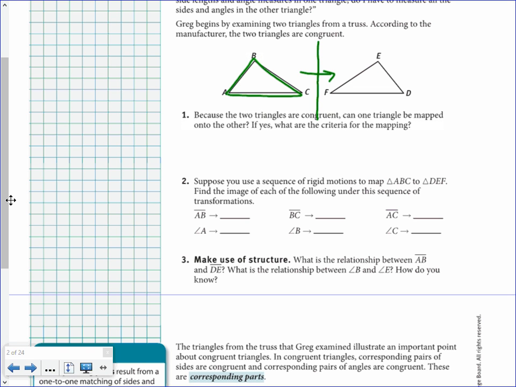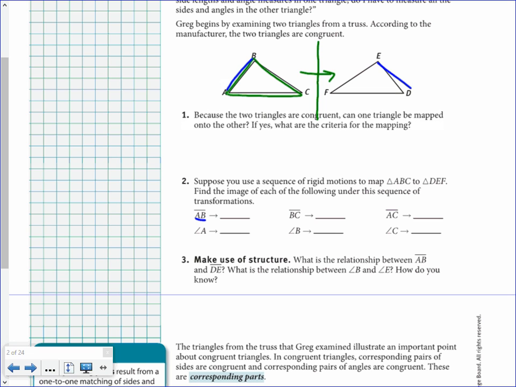So it's actually sometimes easier to start with the angles, but maybe you might like the sides. So if you want to do the angles first, you can. We're going to look at this side. It's going to map to that side over here, ED. But now, when we're dealing with these types of problems, the order is going to make a big difference. So you need to make sure to look, is it ED or DE?